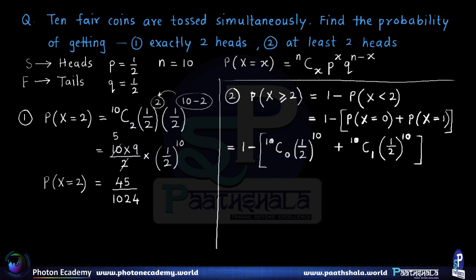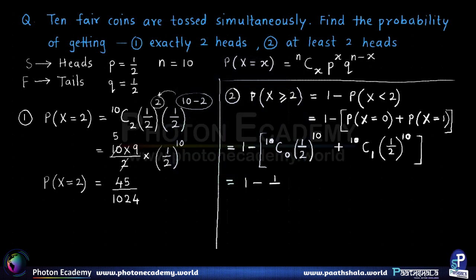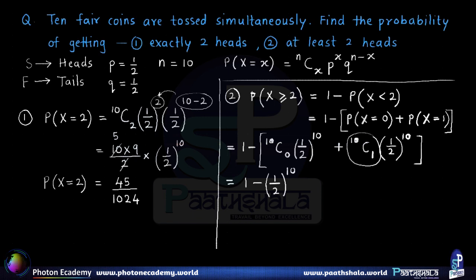So we can take 1 by 2 whole raised to 10 common from the square bracket, and what remains is 10C0, which is 1, and 10C1, which is 10. So 1 plus 10 is 11. That is what remains in the bracket.